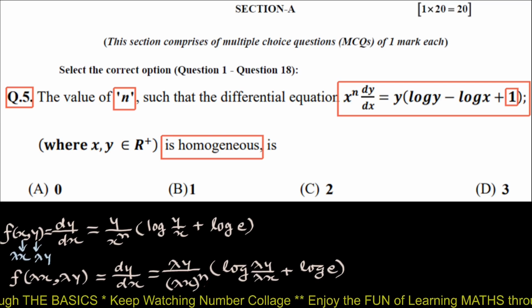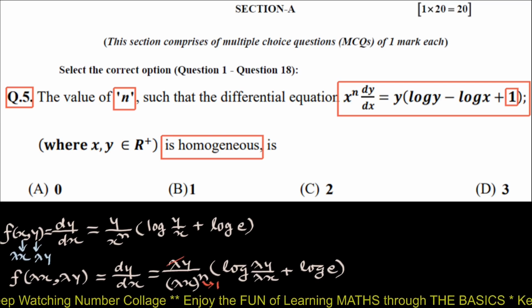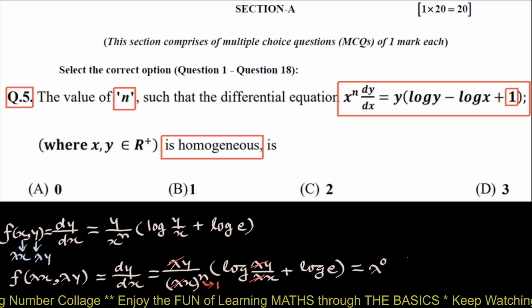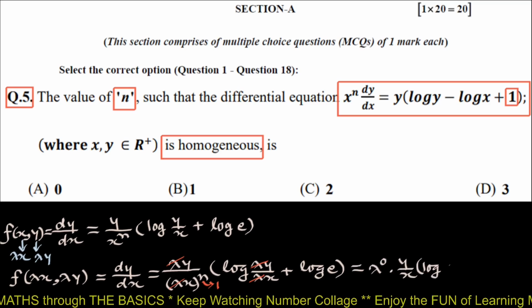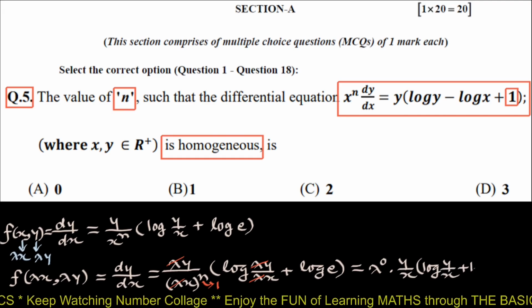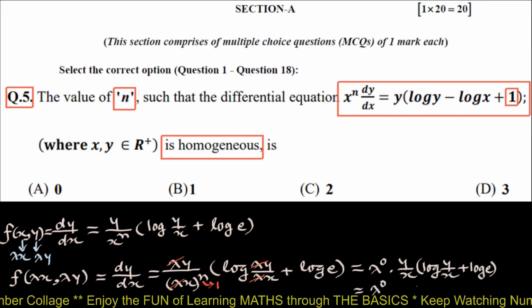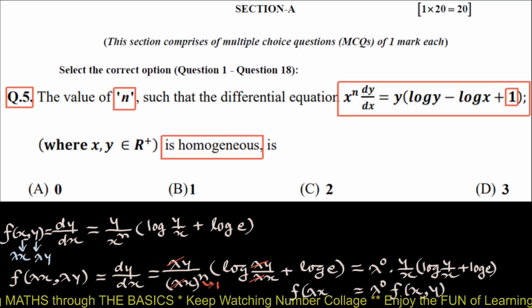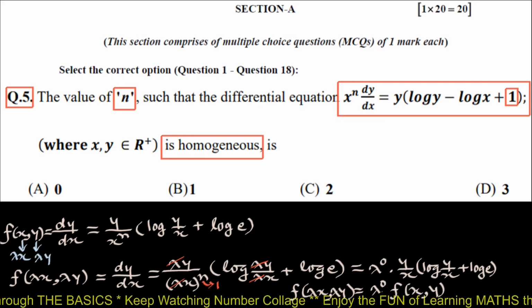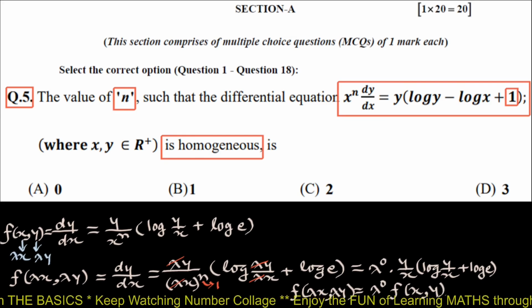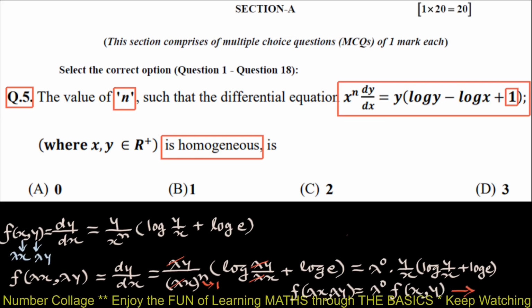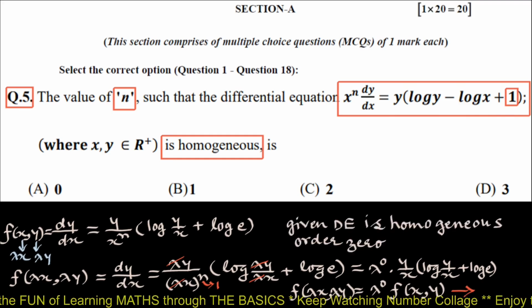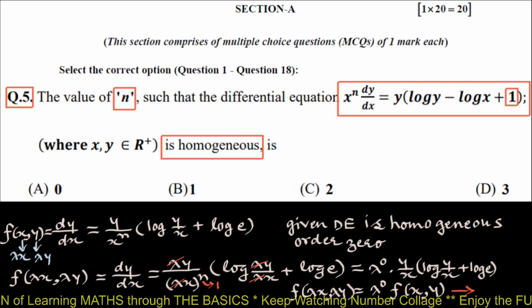Now if we put n equals 1, this lambda gets cancelled and what we get is lambda raised to 0 into y upon x log y upon x plus log e, which is nothing but lambda raised to 0 f of x comma y. So since f of lambda x comma lambda y is lambda raised to 0 f of x comma y, we conclude that the given differential equation is homogeneous of order 0. So the answer option is B, 1.